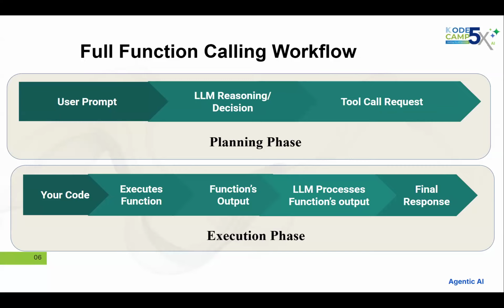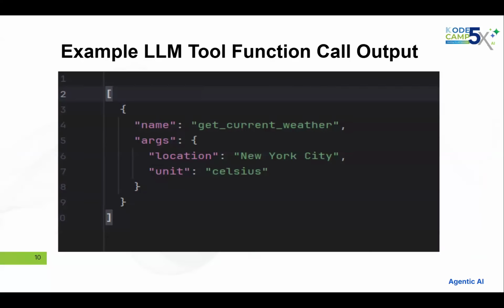So in the function calling workflow, when you make a request that requires a function to be called, the LLM cannot call the function. All it can do is generate text. And the text it generates in this case, when it determines there's a need to call a function, is the tool call request, a JSON array like this. Now it's you who are building the agent.